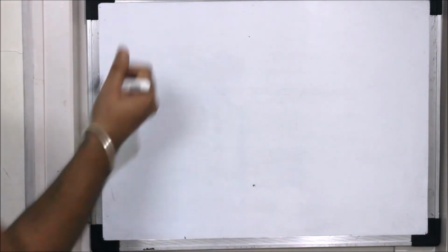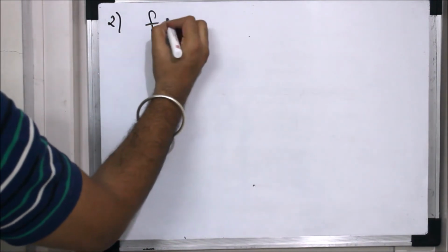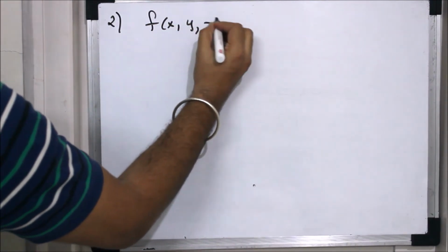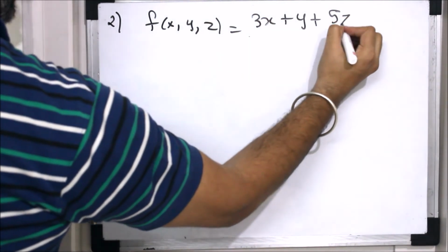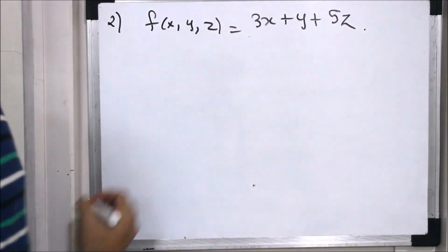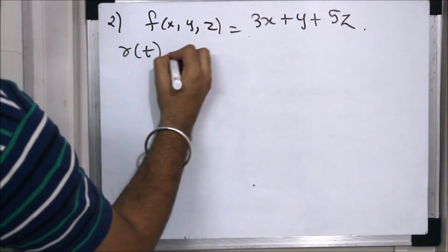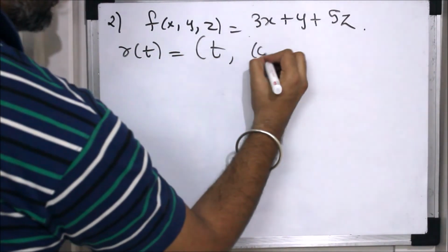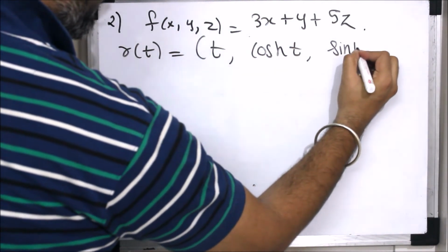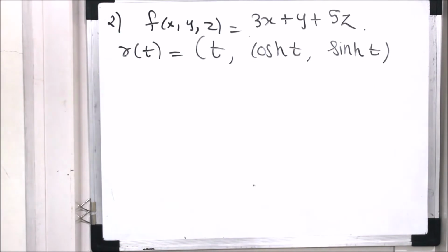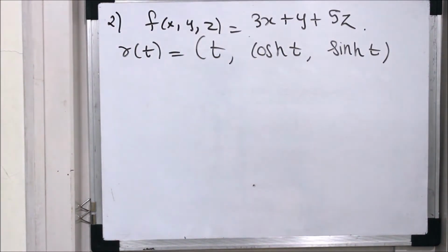So suppose I take f of x y z as 3x plus y plus 5z, and suppose I'm giving you r of t. My curve is something like this: t comma, let's take hyperbolic functions, so that many things will be covered in this one example.